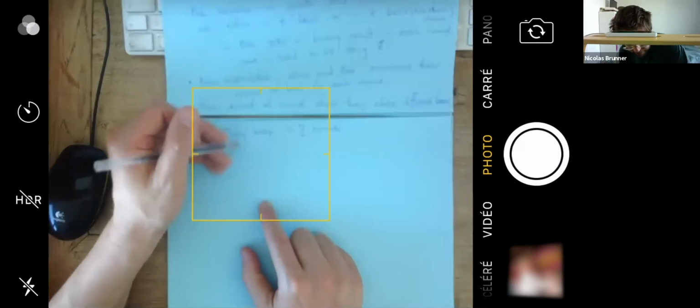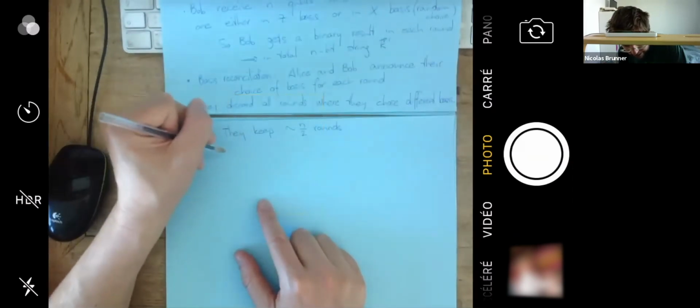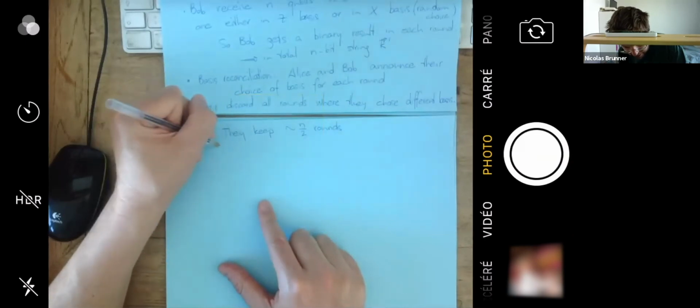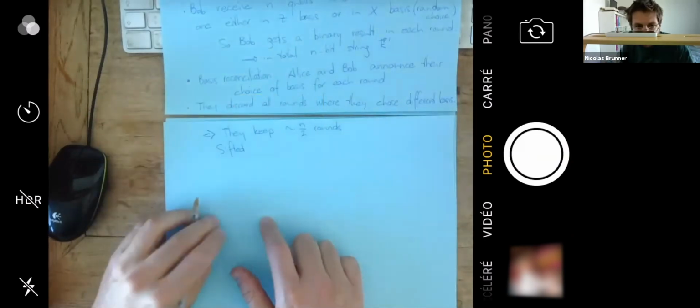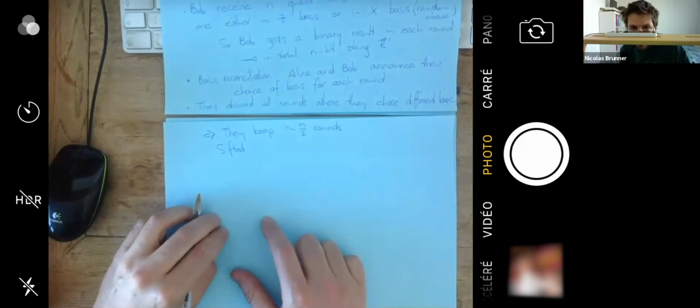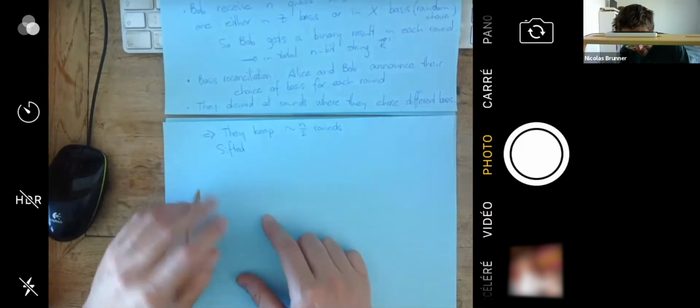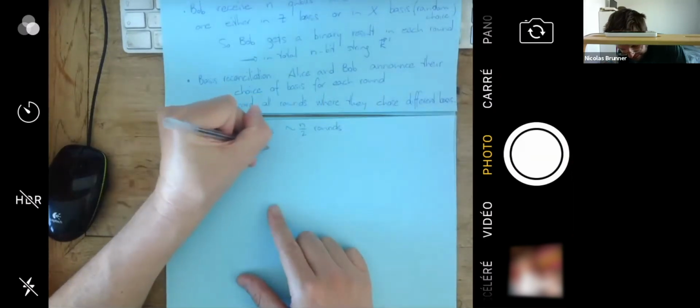And so here I write, this gives sort of new keys, if you want, to Alice and Bob. So it's no longer K and K prime, but this is what we call the sifted keys.